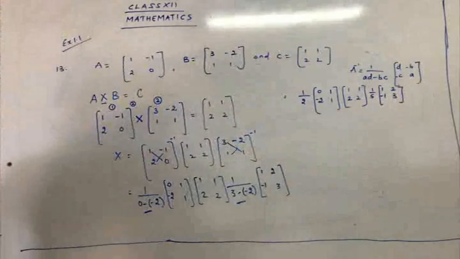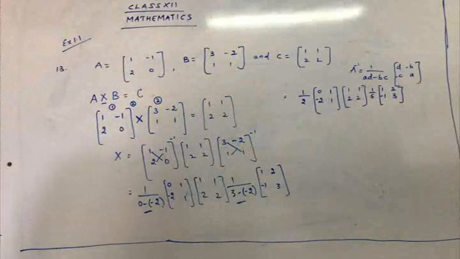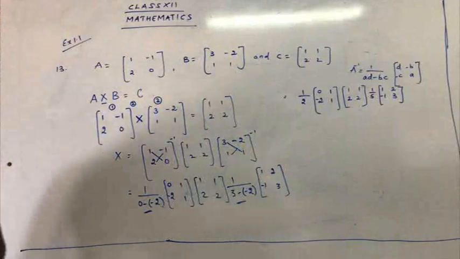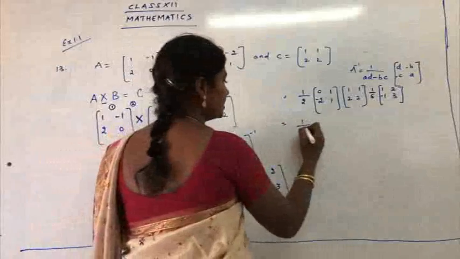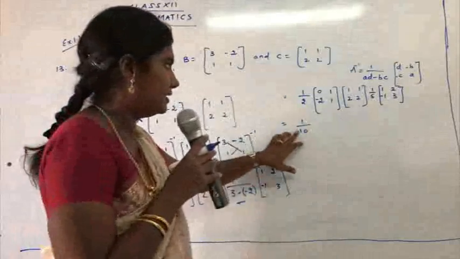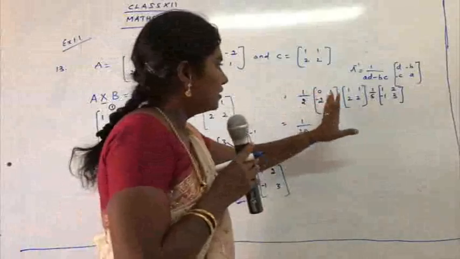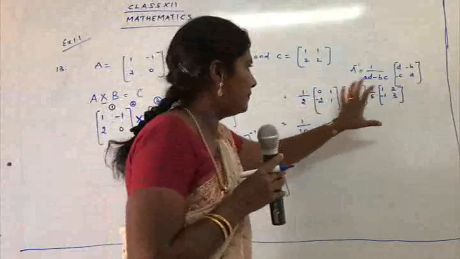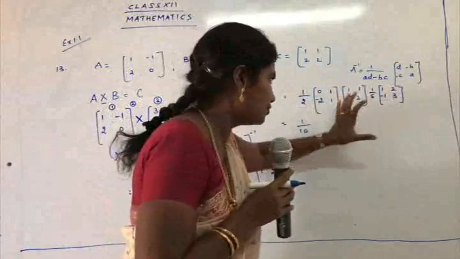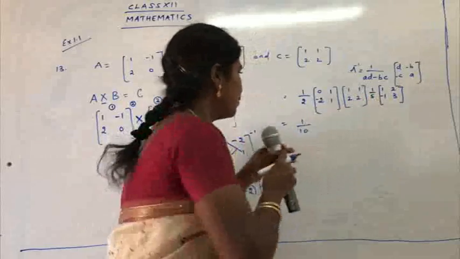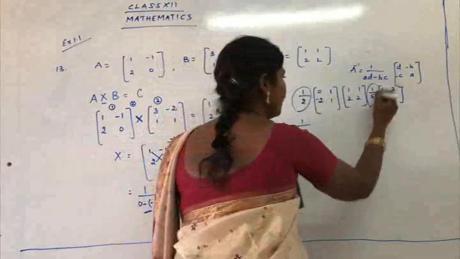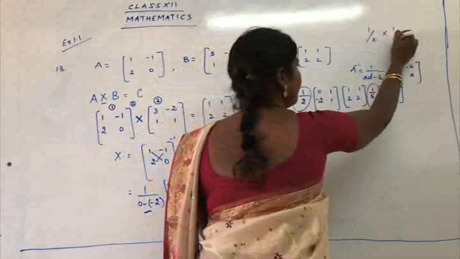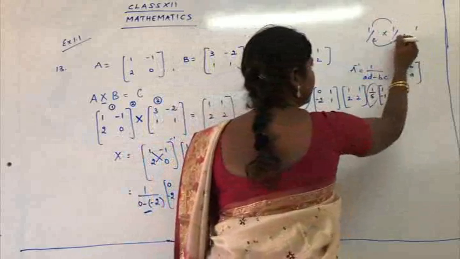So bring the number part together and keep the matrix together. So now what you get from that? So we get here 1 upon 10. Are you getting this step, children? How do I get 1 by 10 here? It's just bringing the number part. See, this 3 is in the matrix form. So keep the matrix as it is. That is, just keep them together and bring the numbers together. So 1 upon 2 into 1 upon 5 gives you 1 upon 10.